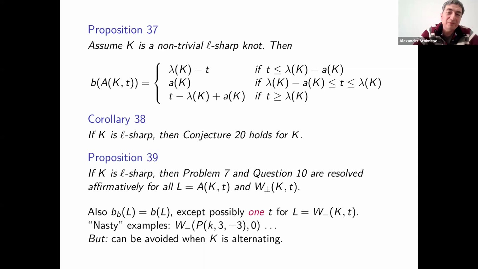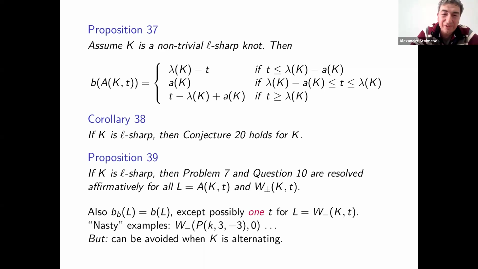But for the minimal strongly quasi-positive Bennequin surface, there can be a problematic value. So maybe I should emphasize anyway that, I mean, it's not like everything is falling from the sky, so everything is immediate. So there are some nasty examples for Whitehead doubles where you cannot determine the Bennequin index properly, and this family contains the pretzel knots P(3,-3,...). They are of course always slice, and then the untwisted Whitehead double is also slice.